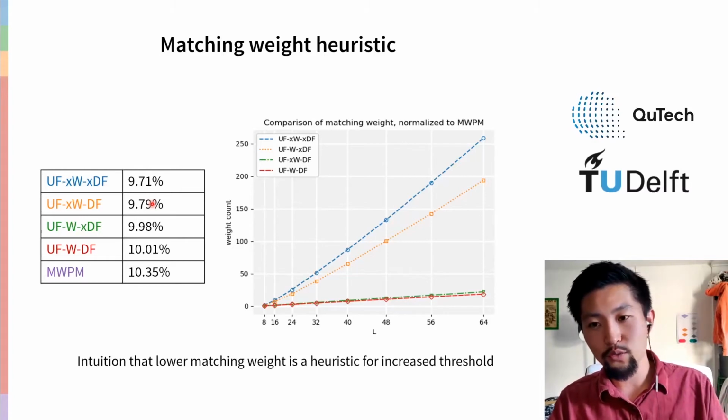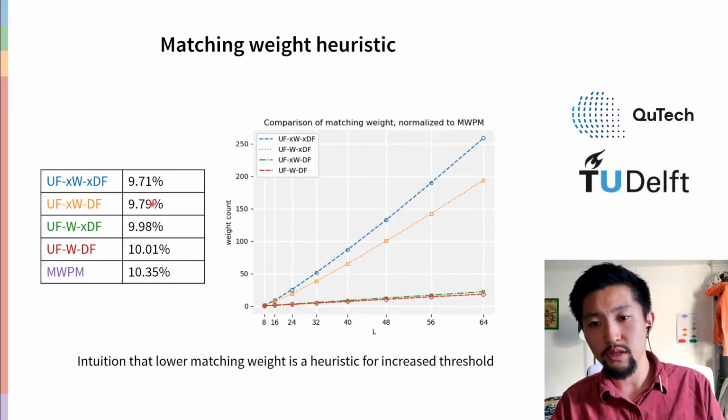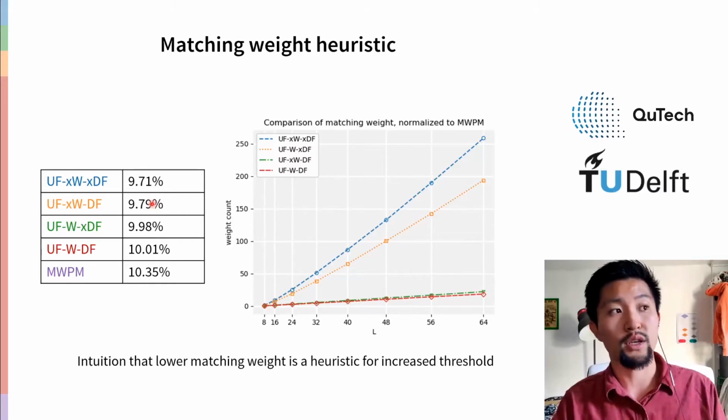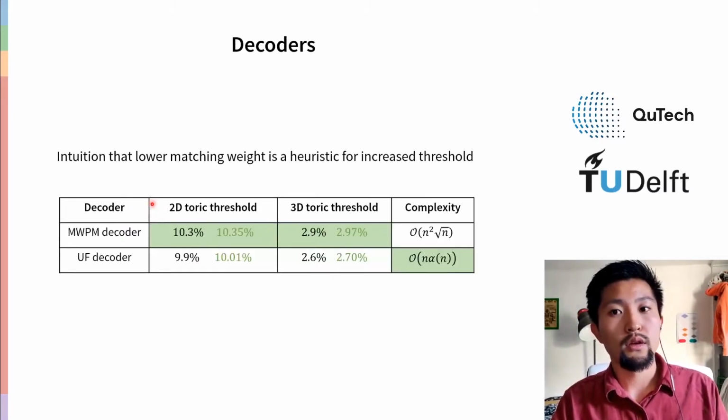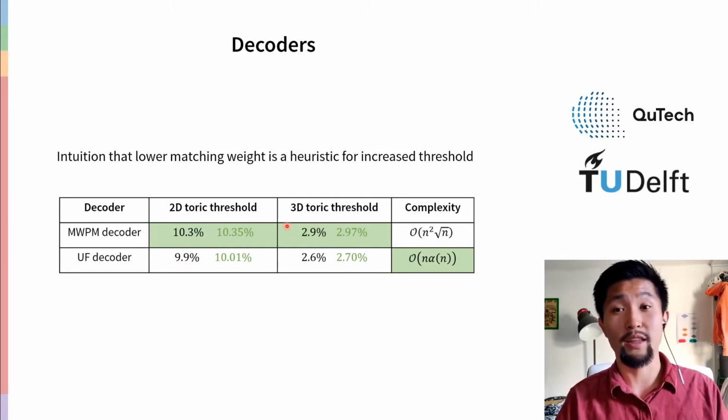Because of this, maybe we can start further reducing the matching weight in the context of the unifying decoder to further increase its threshold. Looking back at our comparison, we have the minimum weight perfect matching decoder, which has the minimum weight and a high threshold.